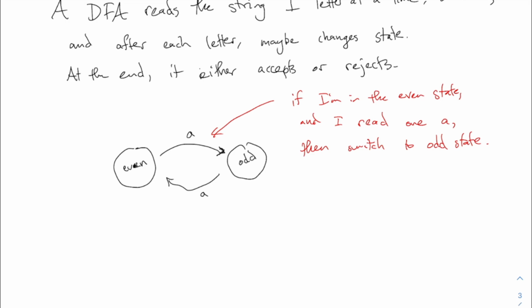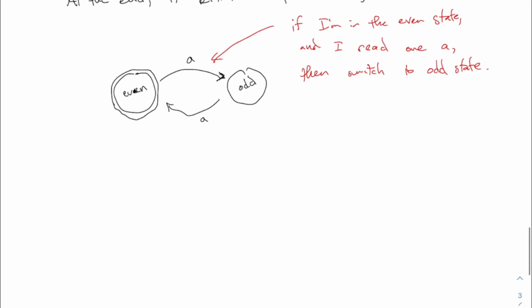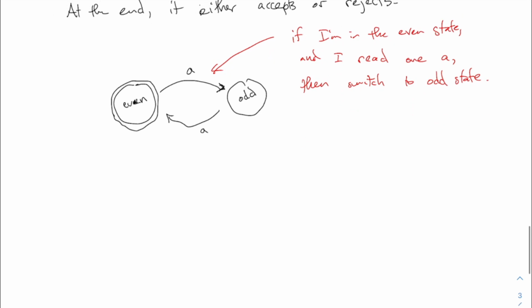Now, I said we should accept an even length string, and the way we indicate that on the diagram is like this. This circle gets a double outline. All right. Let me just say some terminology here. The arrows are called transitions, because each arrow represents the machine seeing something and deciding to change to a different state.